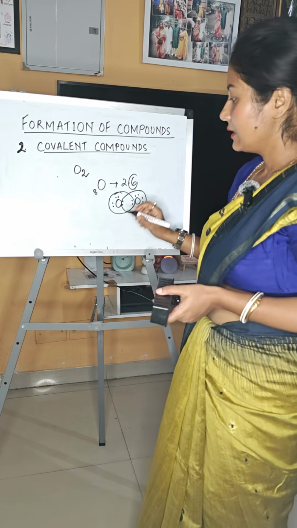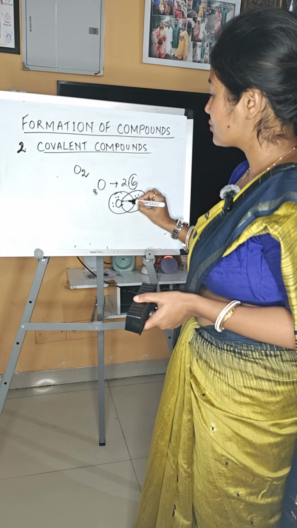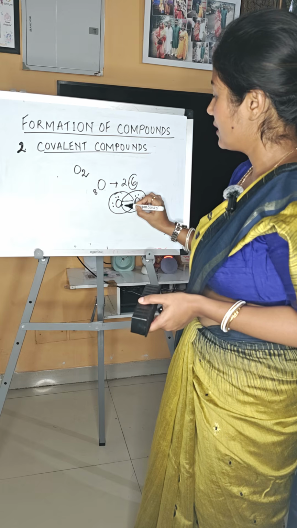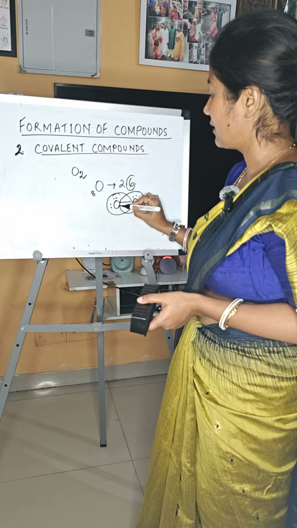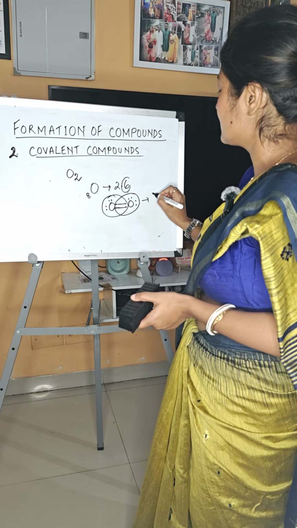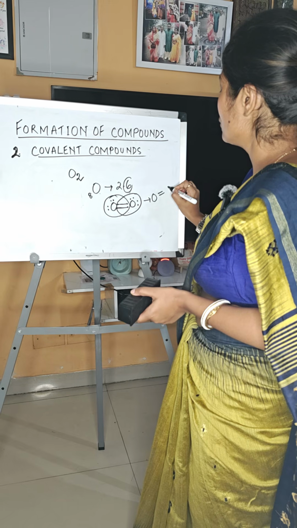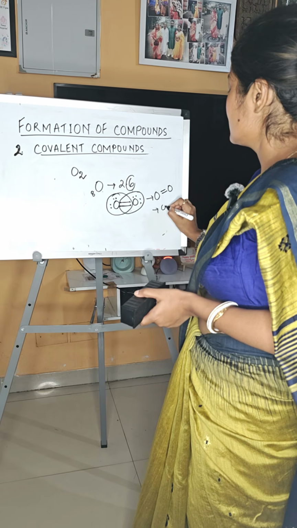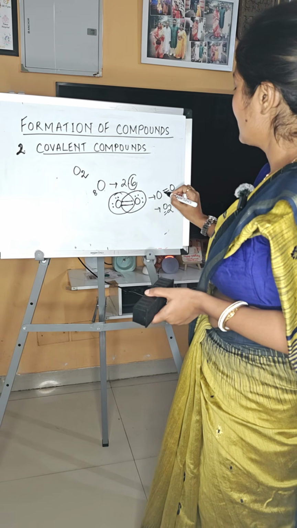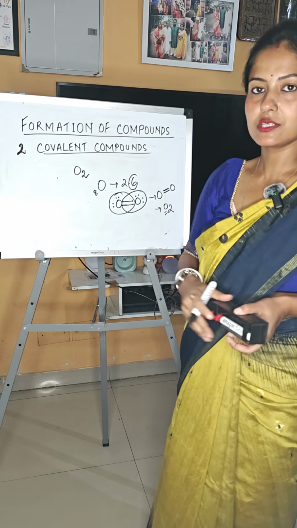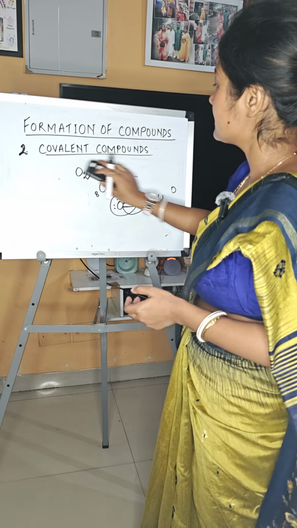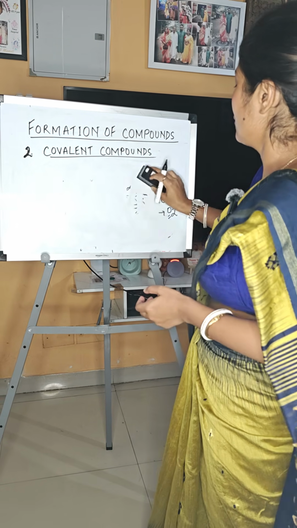As a result, they are sharing 2 pairs of electrons. This is one pair and this is the other pair. As a result, in case of oxygen, there are 2 covalent bonds. So this is the covalent molecule and these are the covalent bonds. Okay, now let us see one more example.